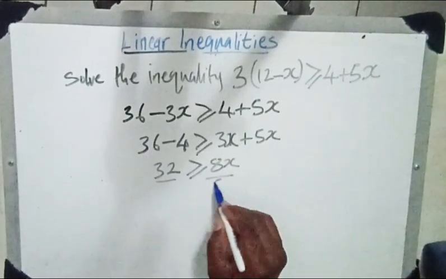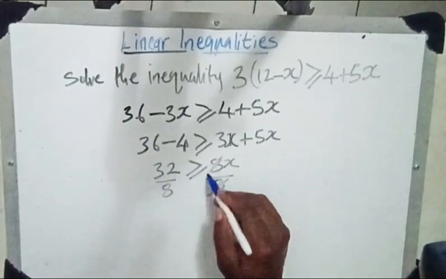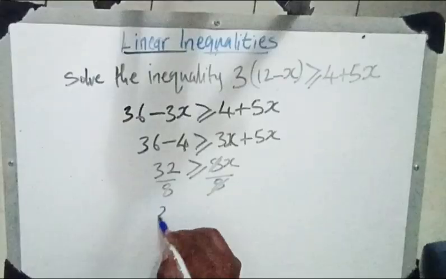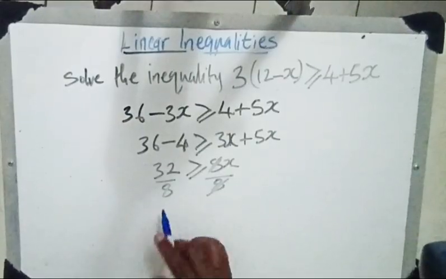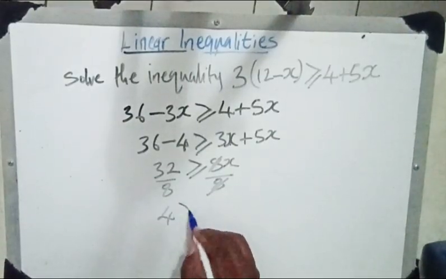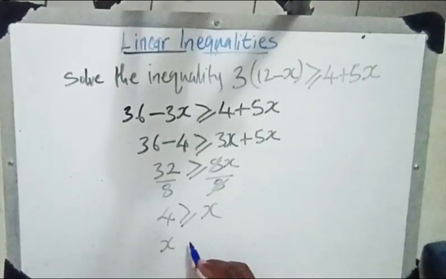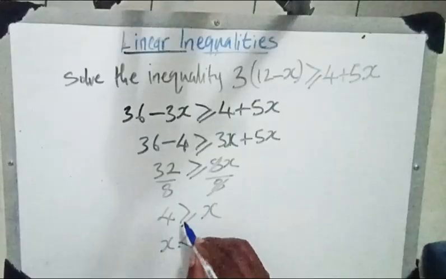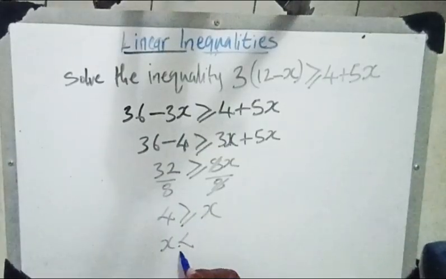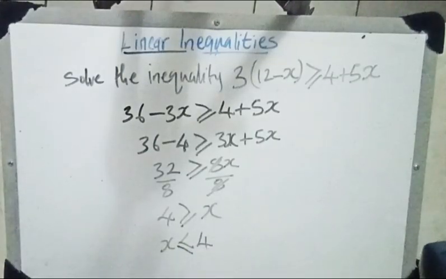If we divide both sides by 8, we have our x. So this is 4 greater than or equal to x, which means that x is less than or equal to 4.